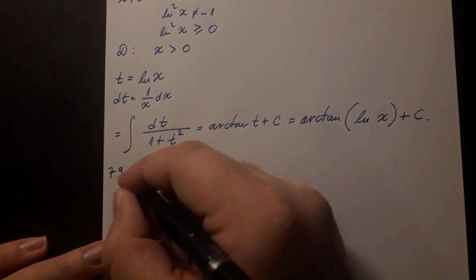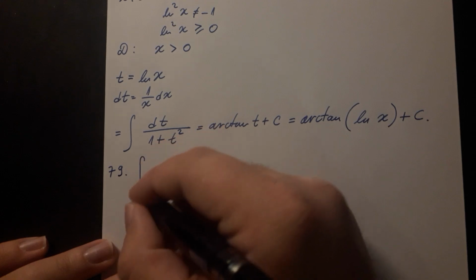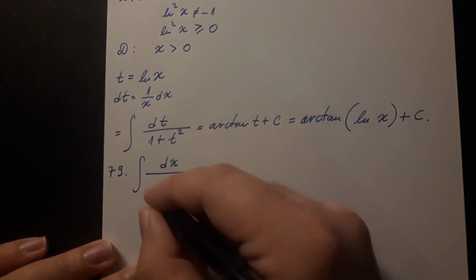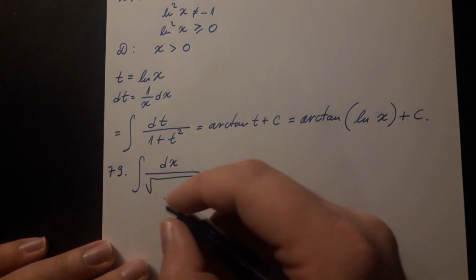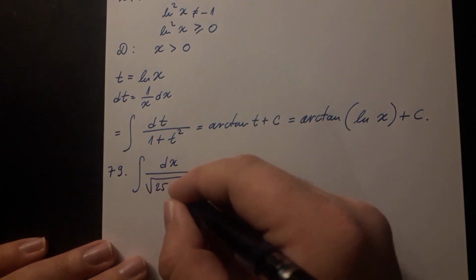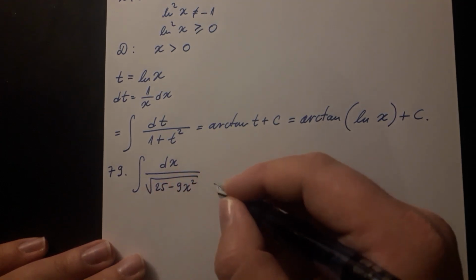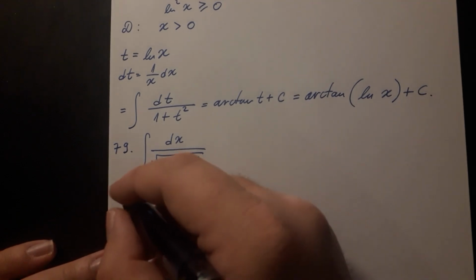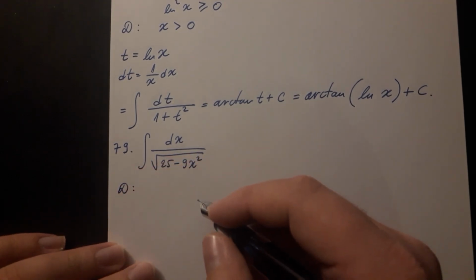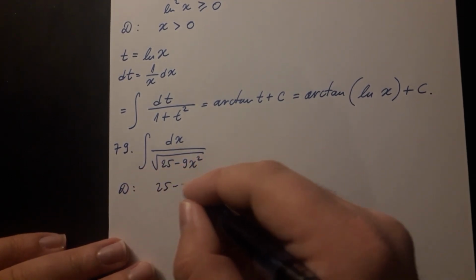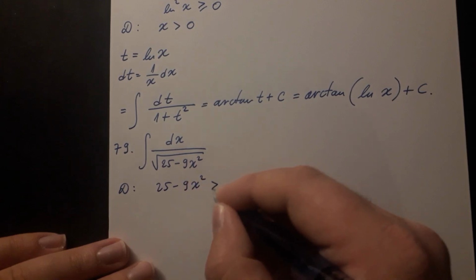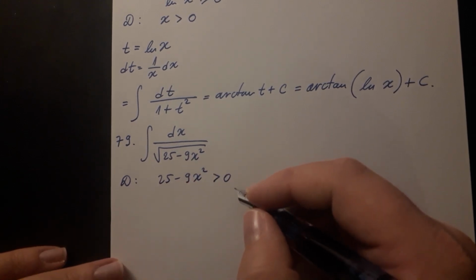Problem number 79 on our list is an integral of dx divided by a square root of 25 minus 9x squared. Now, the area in which this integral is defined is for 25 minus 9x squared to be strictly larger than 0.